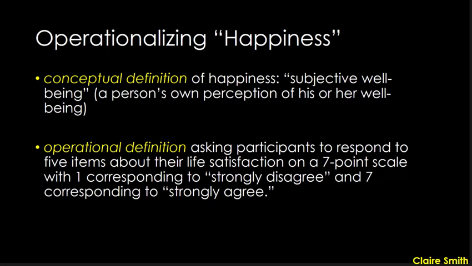We can't actually measure that very well, so we need to operationalize it. One way we could do that is asking participants to respond to 5 items that ask about their life satisfaction, and there's a 7-point scale, right? So 1 is strongly disagree and 7 is strongly agree.